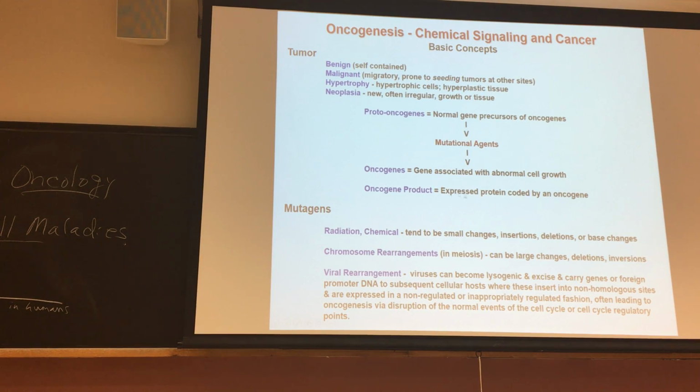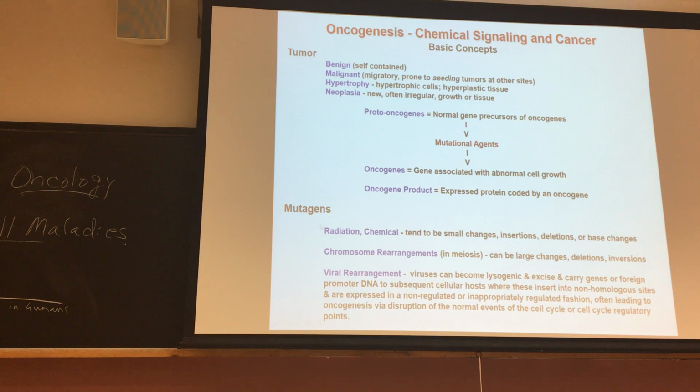But most oncogene products are expressed proteins. So they're the enzymes that make up the metabolic pathways within the cell. They're the membrane proteins. They're the cytoskeletal proteins.